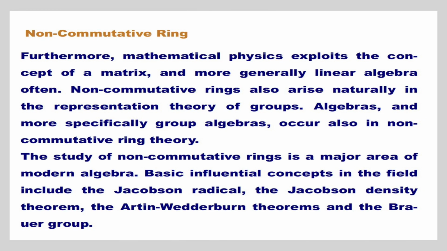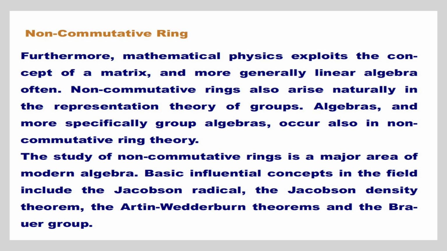Furthermore, mathematical physics often exploits the concept of a matrix and, more generally, linear algebra. Non-commutative rings also arise naturally in the representation theory of groups. Algebras, and more specifically group algebras, occur also in non-commutative ring theory.